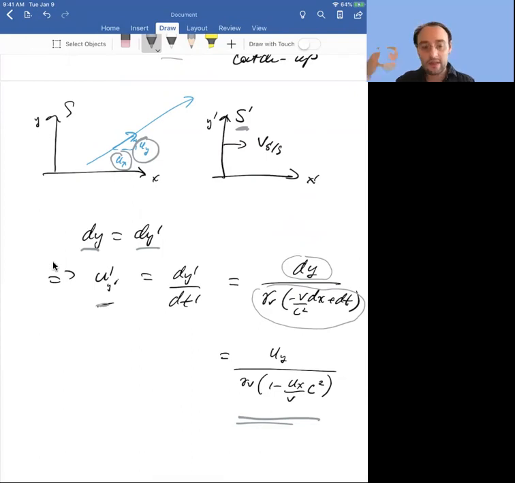And then there is a trivial analogous expression for the z prime component of velocity in frame S prime. And again, for the inverse relationship, you just flip the sign that sits in front of the v.